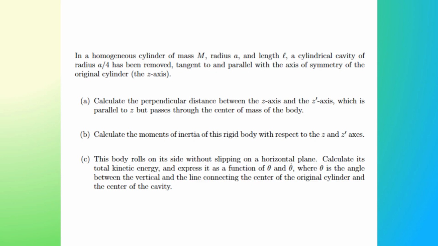And finally, if the cylinder rolls without slipping, determining its total kinetic energy in terms of theta, where theta is the angle between the vertical and the line connecting the cylinder's center to the cavity. Also, please take note that to solve this problem, you don't need to do any integrals. And let's jump right into it with the first question.